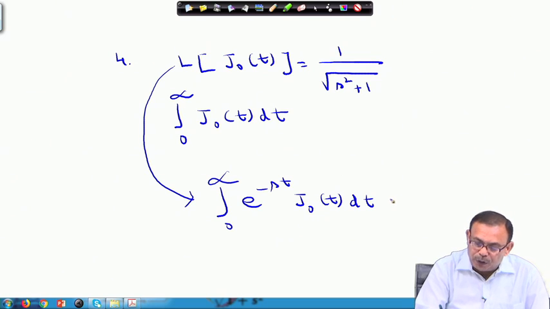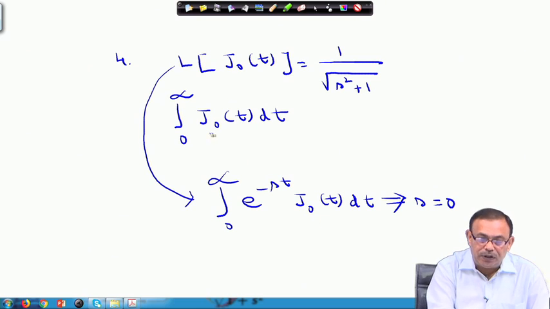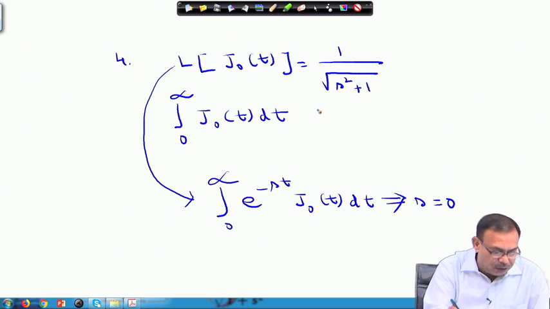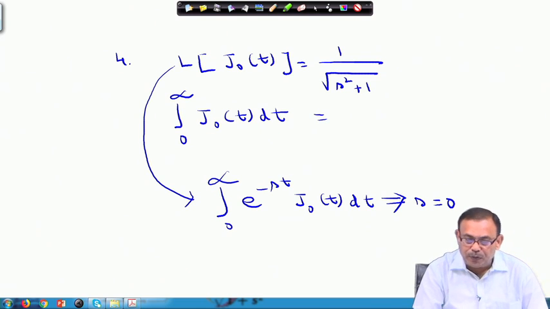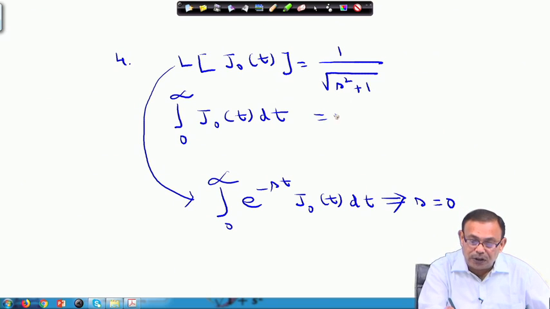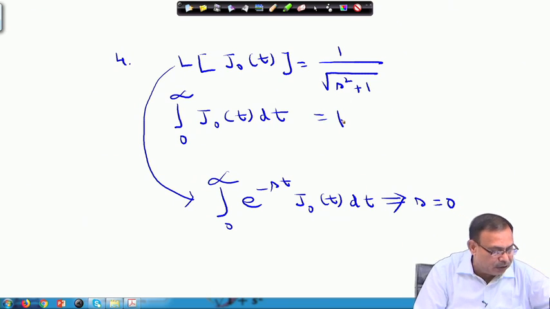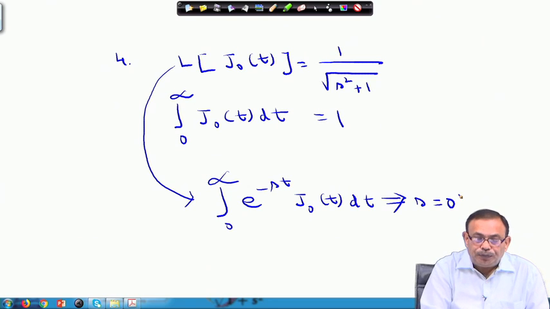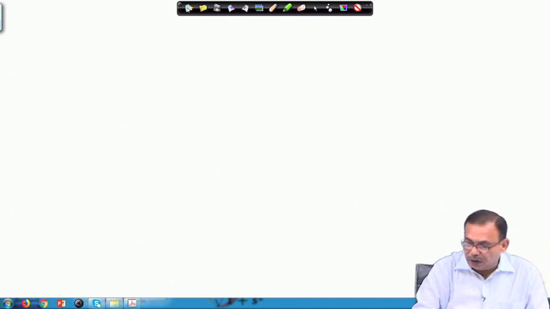So, effectively if you put s equals 0, then you will obtain integral 0 to infinity J0(t) dt, and if I put s equals 0 on this expression, I will obtain the value as this one. So, what I am getting, integral 0 to infinity J0(t) dt, is equal to 1, and this directly by substituting s equals 0, I am obtaining.